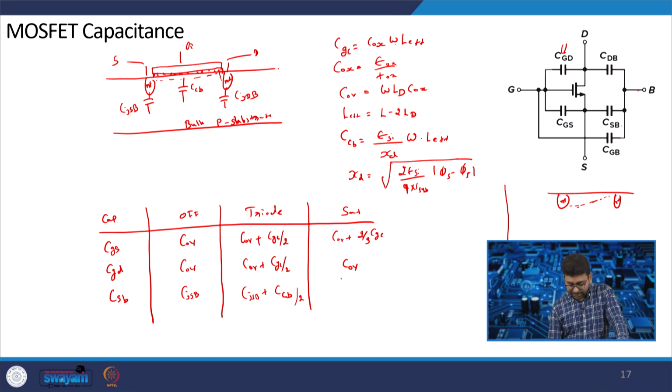In saturation there is again a higher capacitor, that is CJSB, which will be constant, plus 2/3 of CCB.